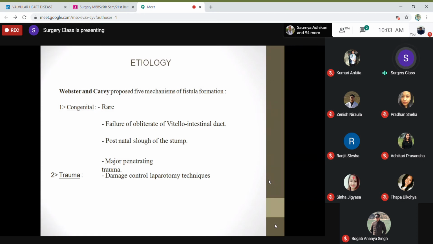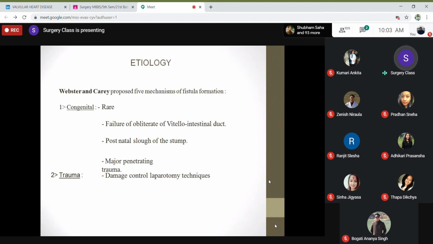Etiology: congenital is rare, for enterocutaneous fistula, due to failure of obliteration of the vitellointestinal duct or postnatal slough of the stump. Then major penetrating trauma, and damage control laparotomy techniques for traumatic cases.